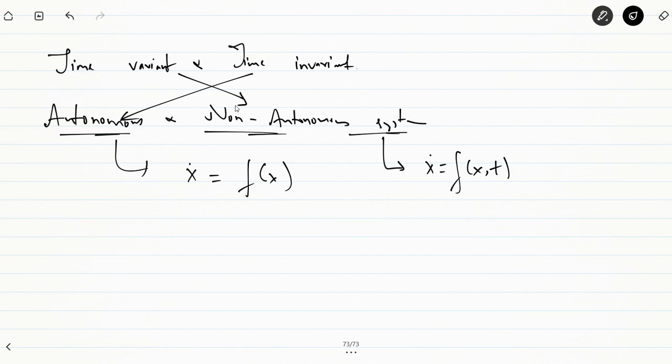Your system parameters will change with respect to time. Where this change is very slow, negligible, we can neglect it and we say this system is time invariant. But practically speaking, all systems are time varying in nature, and the parameters of the system do change with respect to time. So this property will be more dominant in case of non-linear systems as compared to linear systems.